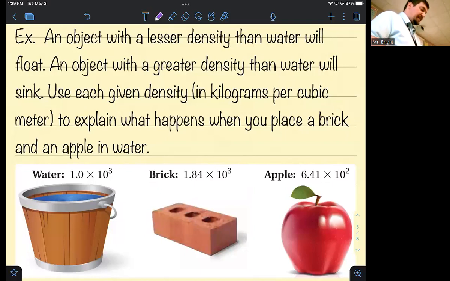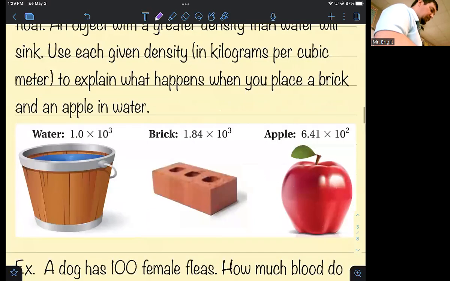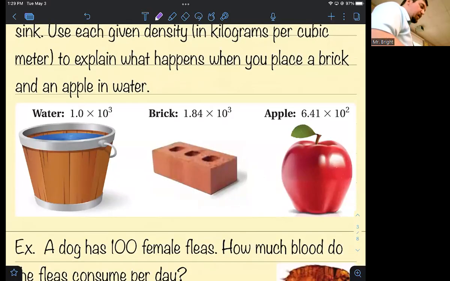Use each given density in kilograms per cubic meter to explain what happens when you place a brick and an apple in water. I bet you probably already know. If you're going to compare numbers in scientific notation, they have to have the same exponent.